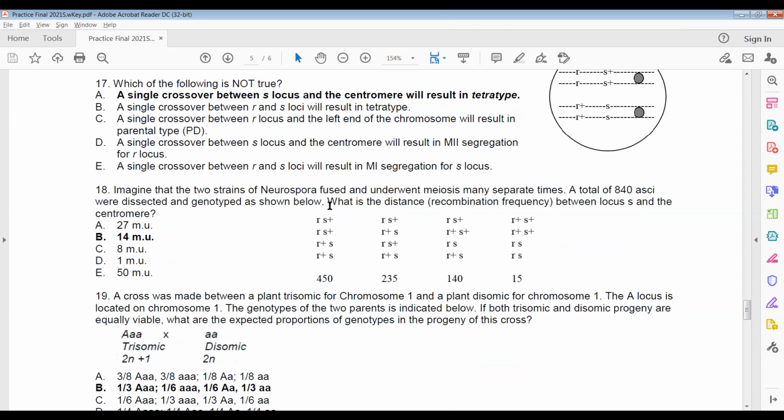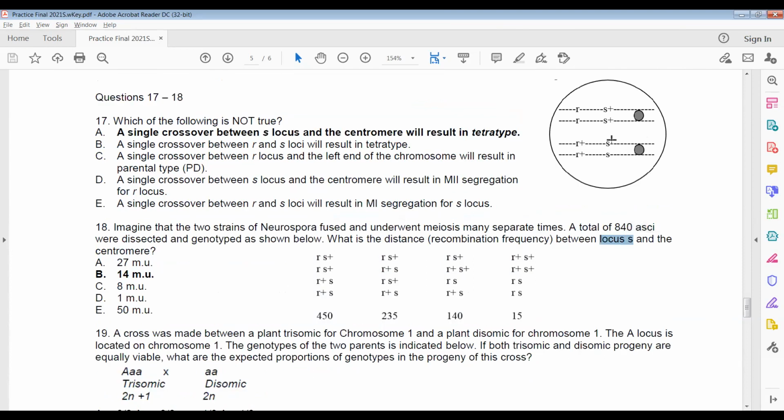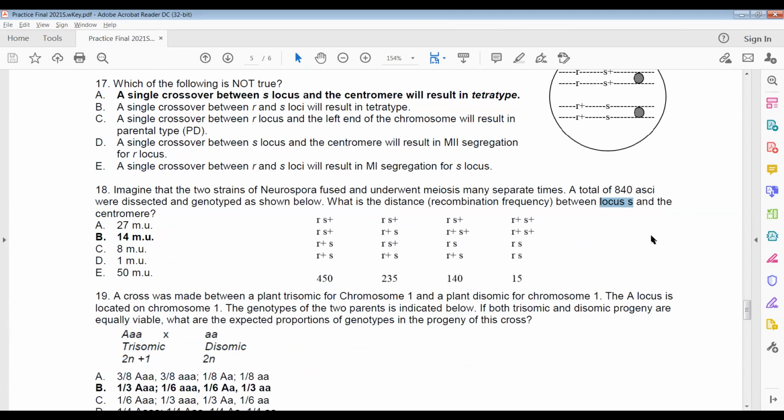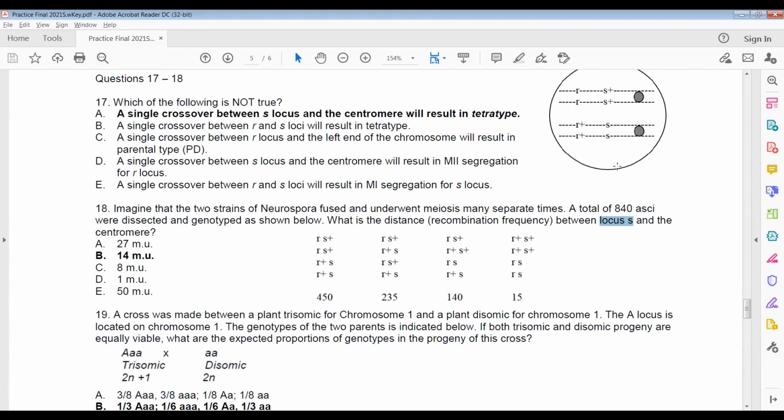Now, if this is the data you see from this cross, and I ask you to calculate the distance between locus S and the centromere, that's easy. You need to find the M2 type from the results. Here M1 is S plus S plus SS, right?